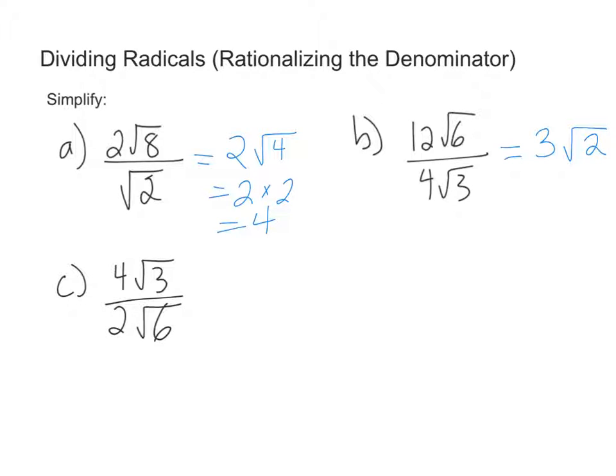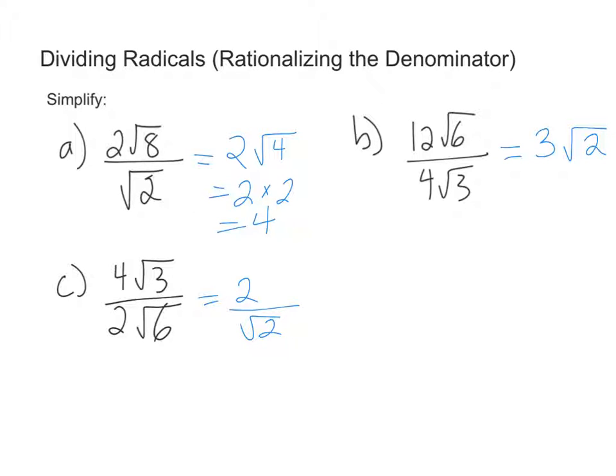But if we look at the next one, 4 divided by 2, that's 2. 3 divided by 6, yeah, it's 1/2, right? So it actually becomes 2 over root 2, because you reduce 3 and 6 to 1 and 2.